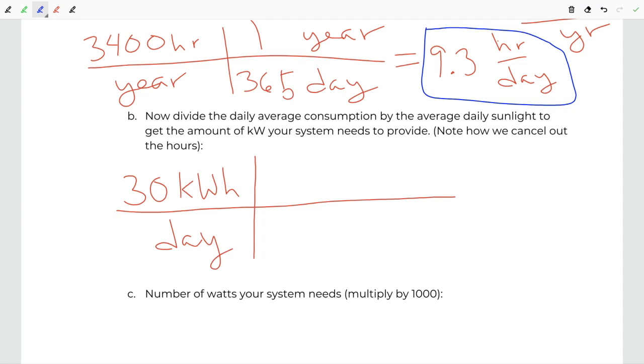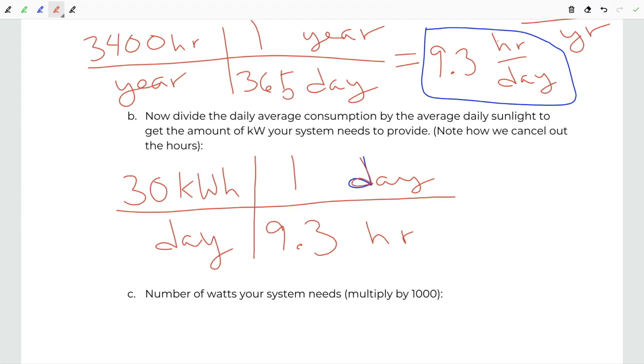And so because we want to be able to cancel things out, we need to have our day on the top and our hour on the bottom. And we have 9.3 hours of sunlight per 1 day.